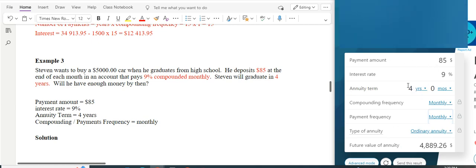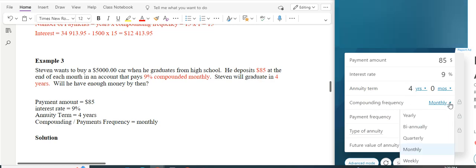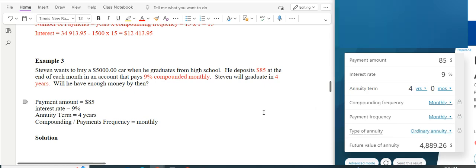So again, the payment amount we input as 85, the interest rate 9 because it's 9%, we're talking about 4 years, and the compounding frequency and payment frequency we had to switch over to monthly. Depending on the question, sometimes you end up reusing, like it might be monthly, then monthly again, but just always make sure that this is the case.